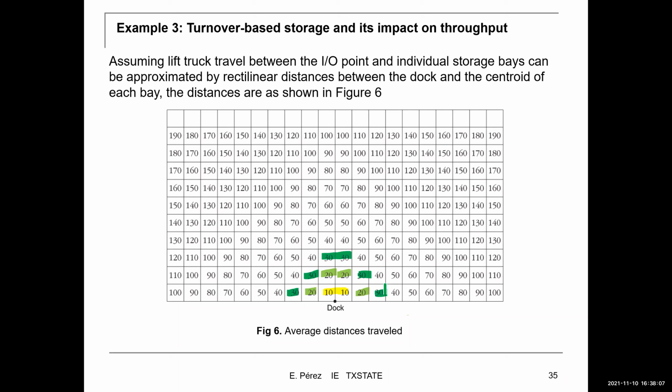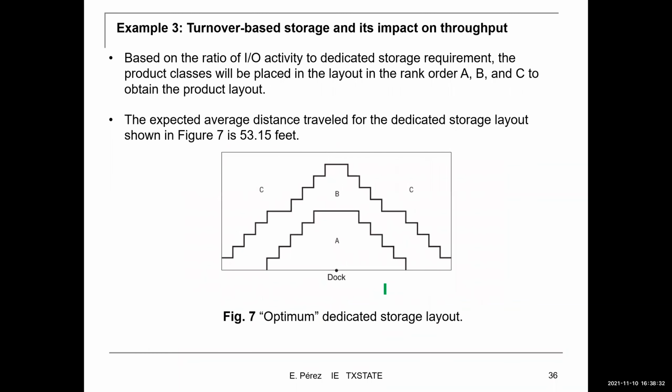But as we mentioned in the previous slide, instead of just focusing on individual products now, we want to group them. And we want our warehouse to be split into 3 to 5 areas so we can use the benefits of both the dedicated storage and randomized storage. So based on the ratio of input-output activity to dedicated storage requirement, the product classes will be placed in the layout in the rank order A, B, and C to obtain the product layout.